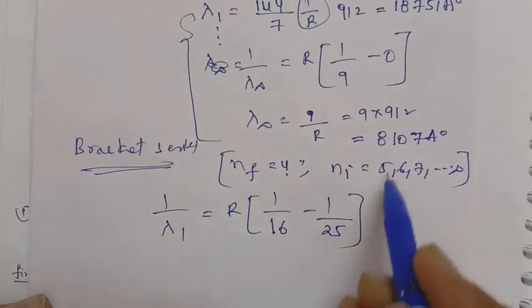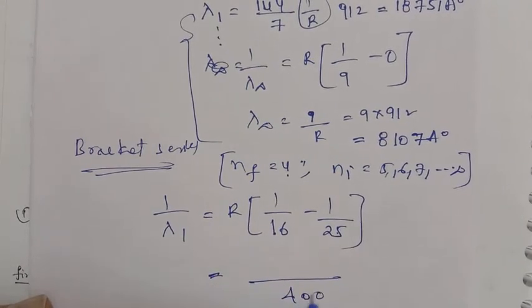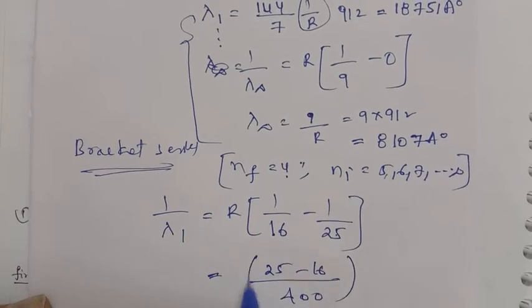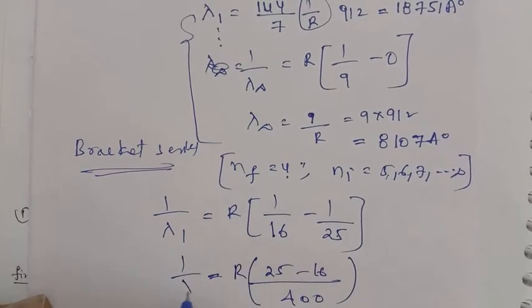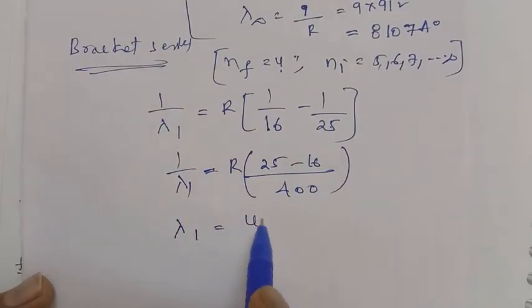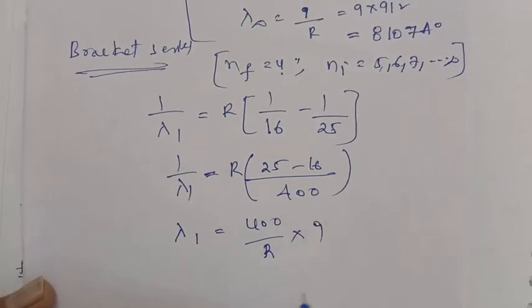So 4 squared is 16 and here 5 squared is 25. So what is the LCM here? It is 400 is the LCM, and 25 minus 16 into R is the 1 by lambda 1.